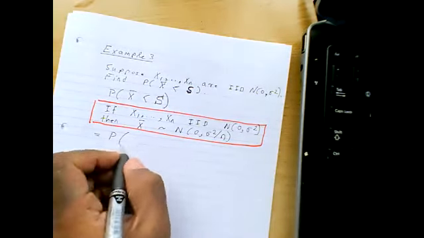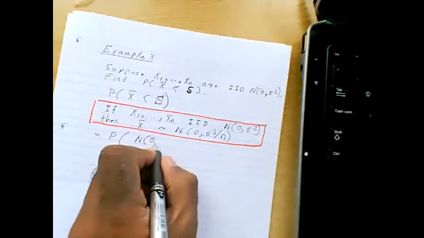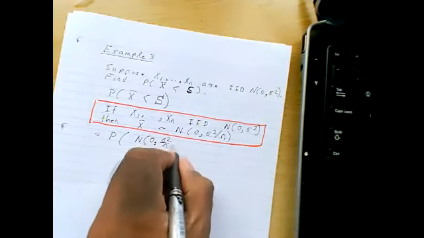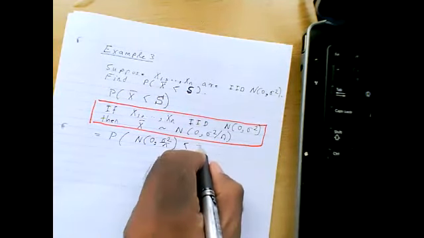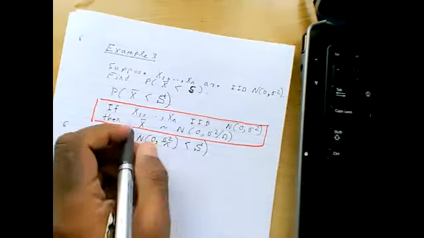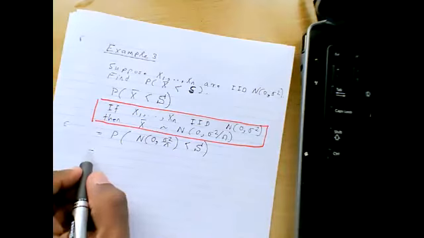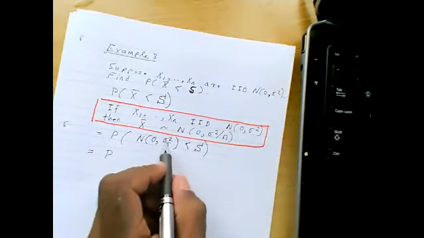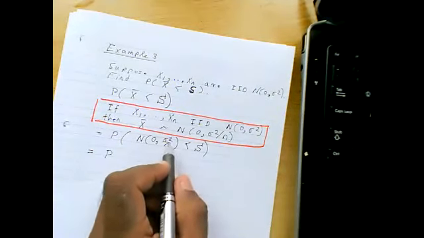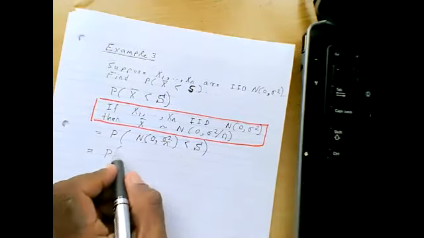All right, now using this property, this will become equal to this, right? Okay, now the next thing I'm going to do is I'm going to make this 1. In order to make this 1, what do we need to divide by?